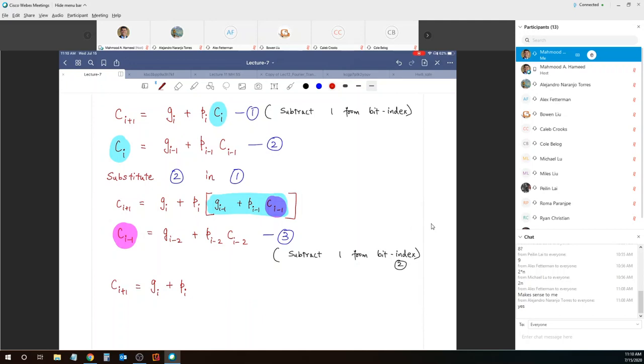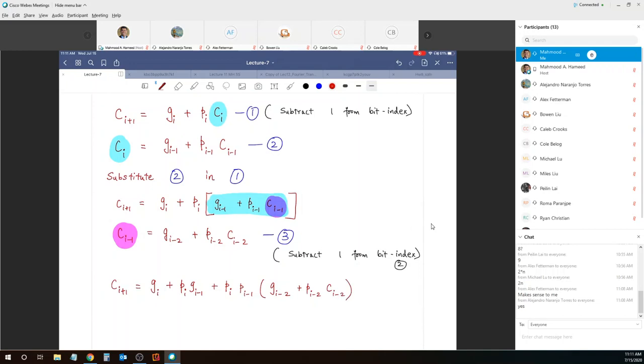Actually, let's write it this way: G sub i, or P sub i times G sub i minus 1, or P sub i times P sub i minus 1 times G sub i minus 2, or P sub i times P sub i minus 1 times P sub i minus 2 times C sub i minus 2.